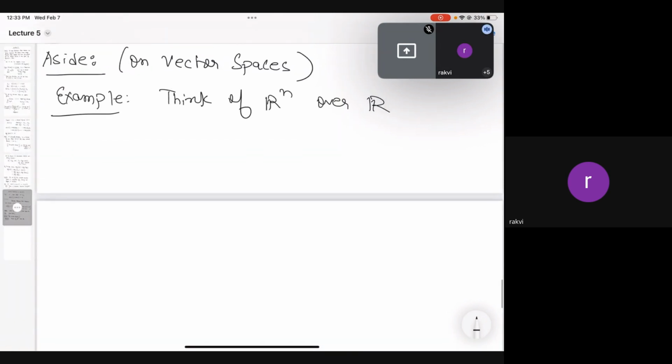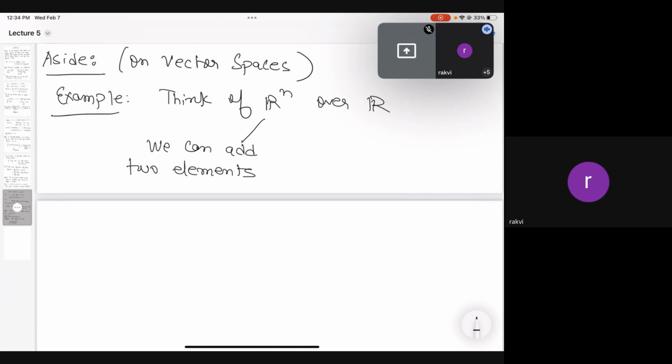A vector space has two operations on it. For example, in R^n, we can add two elements. If I give you two tuples that each have n elements, how do we add? We add them coordinate-wise, right?